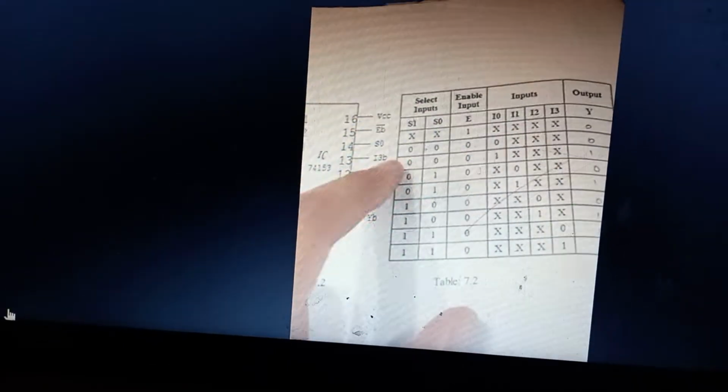So if you give the input on I0, you have to select 0 0 by the selection lines to make that 0 pass from the input to the output. The output will show whatever you write in the inputs, and you select these inputs by your selection lines.